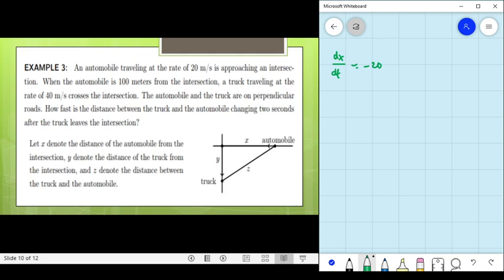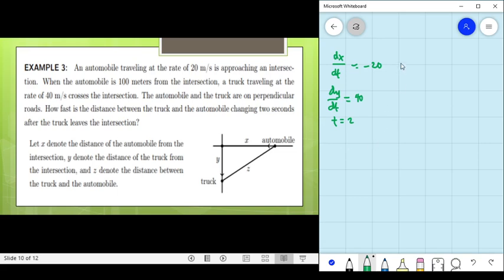And then our dy over dt: the truck is traveling away from the intersection, right? So its distance from the intersection will be increasing. So that is why it is positive 40 here. Okay? The automobile and the truck are perpendicular. We are also given 2 seconds, and 2 seconds is the time.